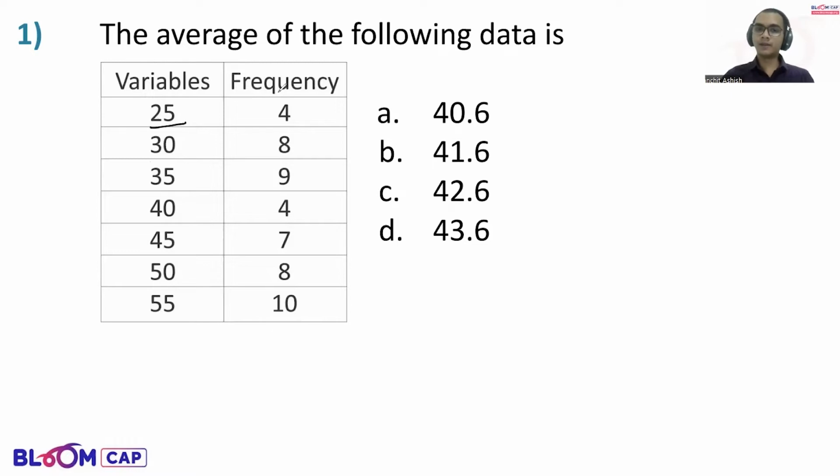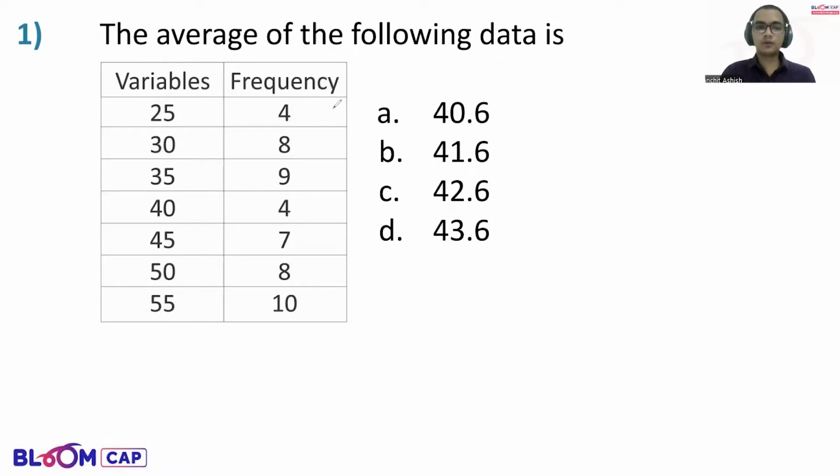Here the variable 25 has frequency 4, meaning 25 was 4 times in the data, 30 was 8 times, 35 was 9 times, 40 was 4 times, 45 was 7 times, 50 was 8 times, and 55 was 10 times. Now to find the average, we simply multiply these two.